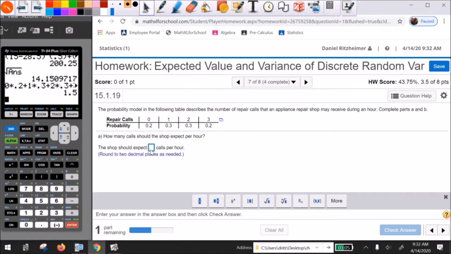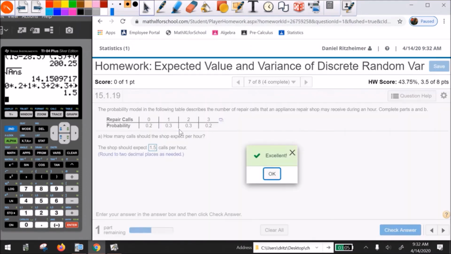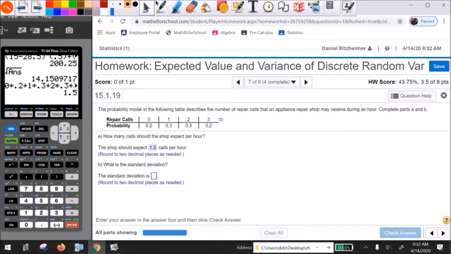1.5. They would expect to receive 1.5 calls per hour. Standard deviation. The difference of each outcome and its expected value squared multiplied by the probability that is associated with it and added up.